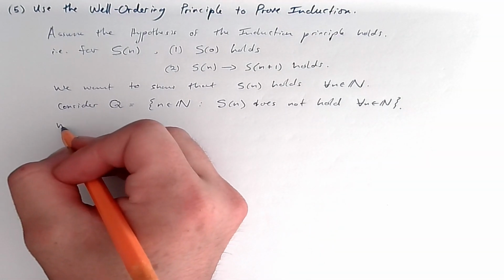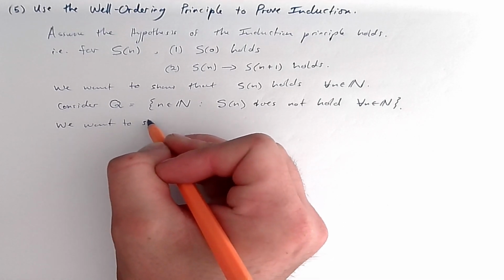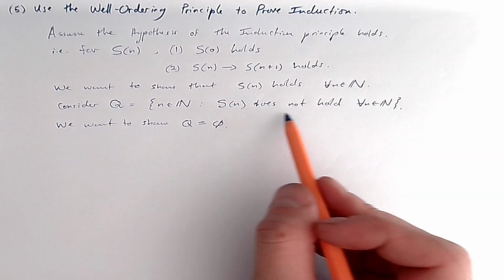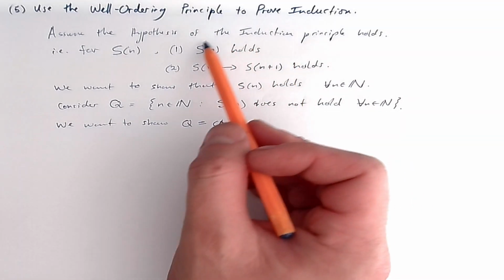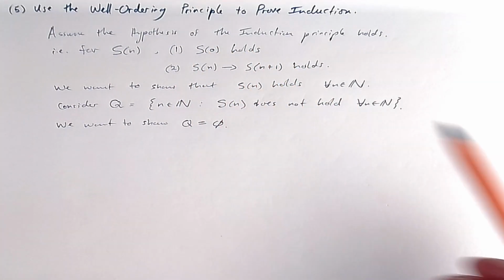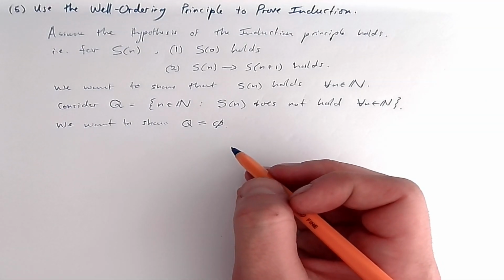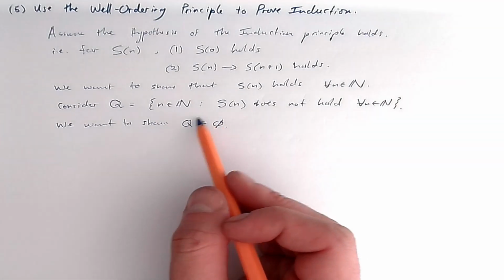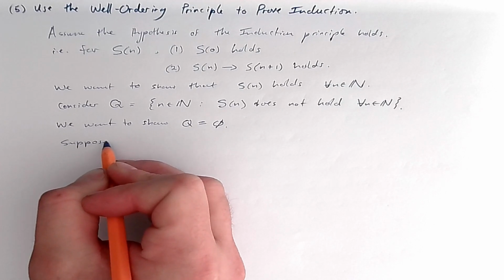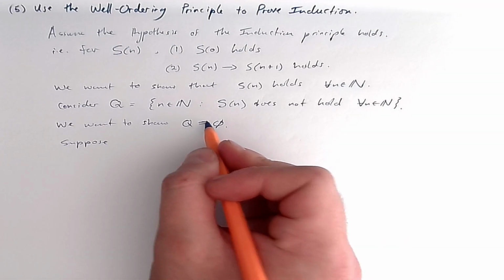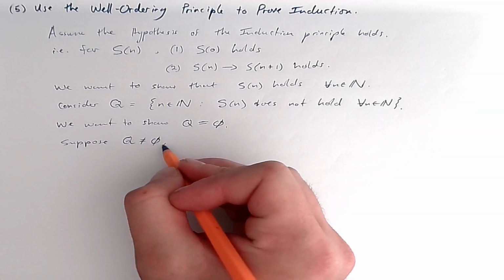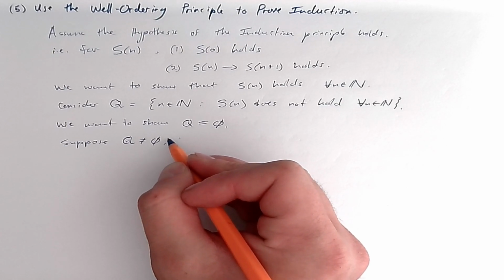Okay, and then what we would like to show is that Q is in fact empty, and that this cannot happen, so that if the induction principle's hypothesis is satisfied, then the conclusion for the induction principle should also be satisfied. Okay, in other words, there are no statements for which this happens. Okay, so we're going to reason by contradiction, and we will suppose that Q is not empty, which will allow us to use the well-ordering principle.